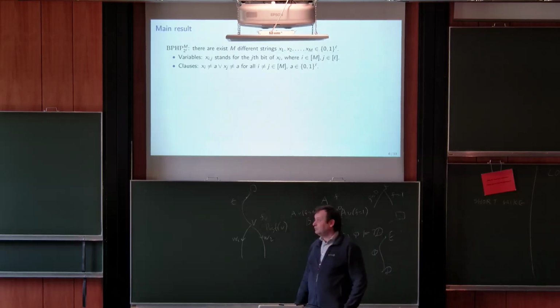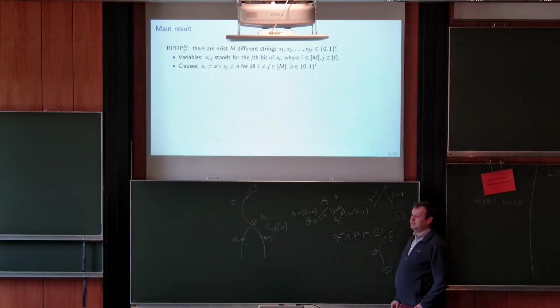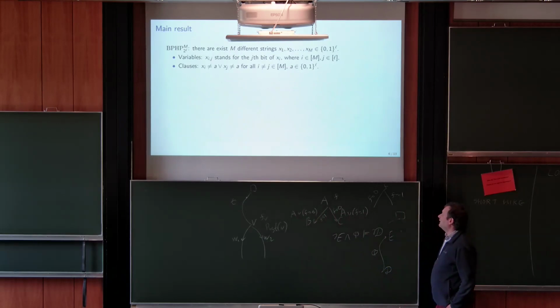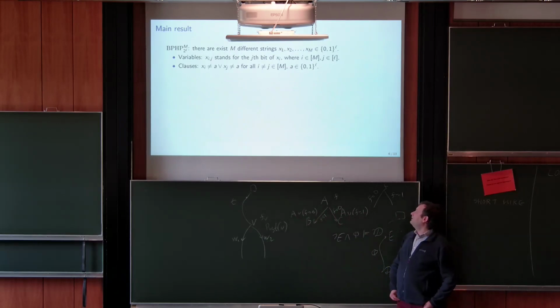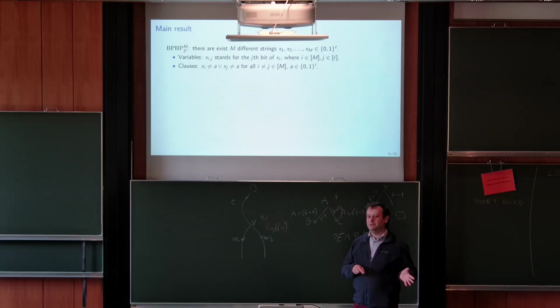Now let's formulate the main result. First of all, the hard formula. The hard formula is the binary pigeonhole principle, which states that there exist m distinct binary strings of length L. We say that x1 is the address of the hole of the first pigeon, x2 the address of the second pigeon, and so on.